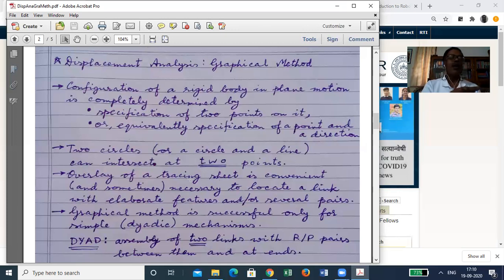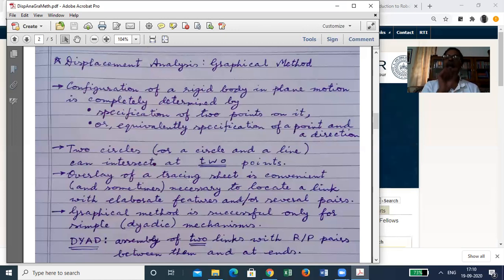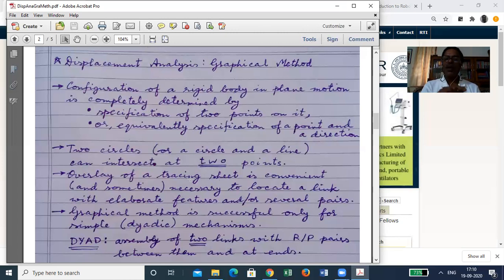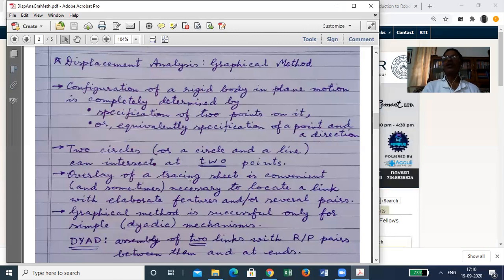And then on the tracing sheet you have pencil marks, so put your compass needle at those pencil marks, so that the needle pinpricks go through to your paper, and then remove the tracing sheet and appropriately join those points to get the rigid link completely there. Okay, we'll see one example.